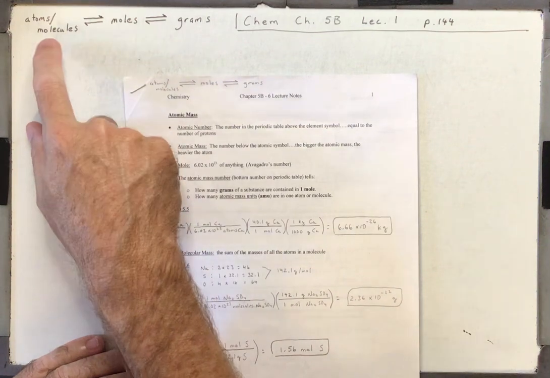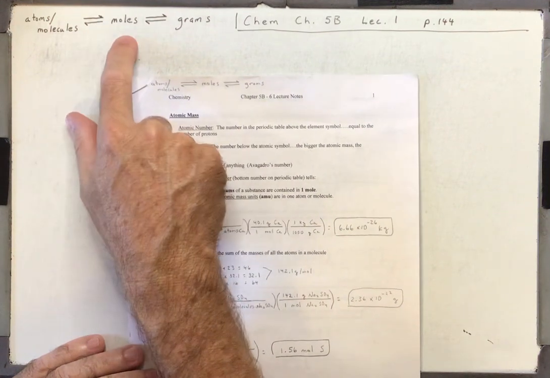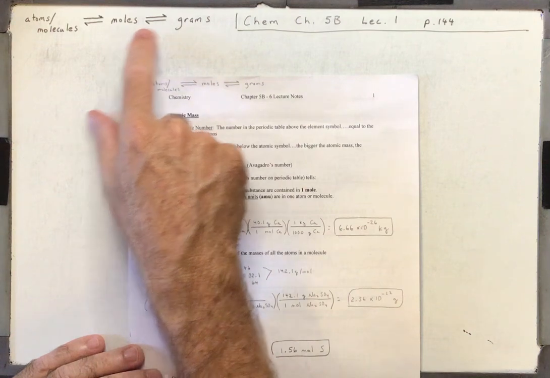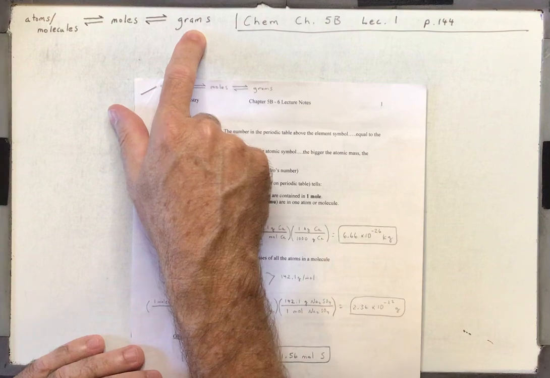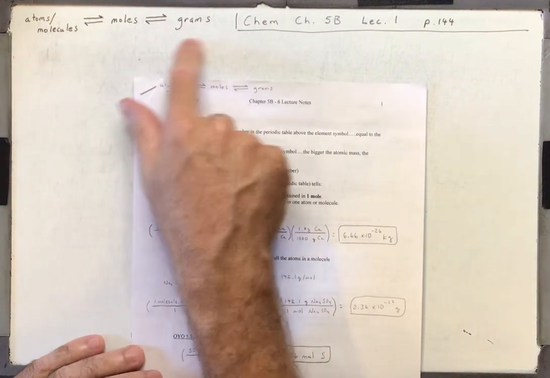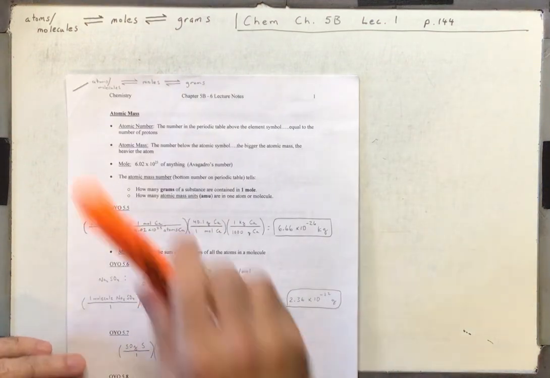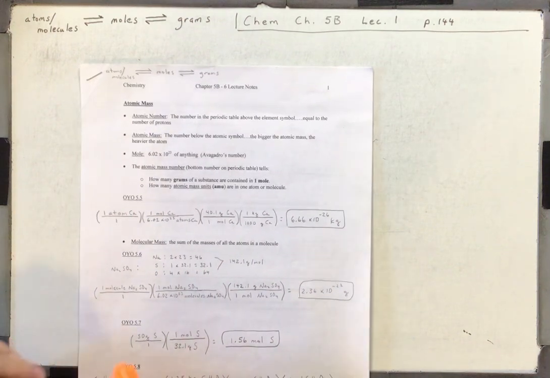Atoms or molecules, then a double arrow, and then moles. We'll talk about what moles are in a second, and then another double arrow, and then grams. You will need to have this memorized. I usually tell students on the day of the test, write that up at the top of the test before you do anything.